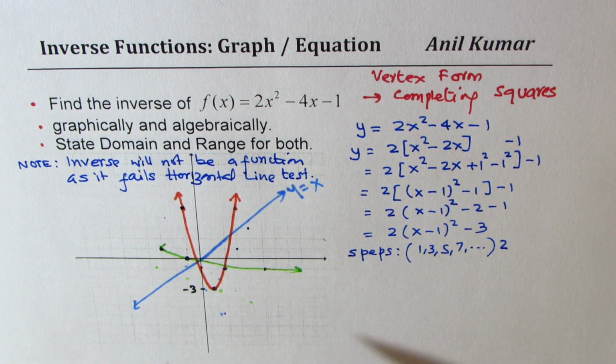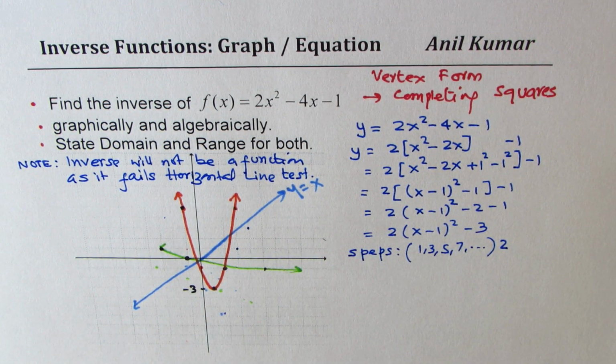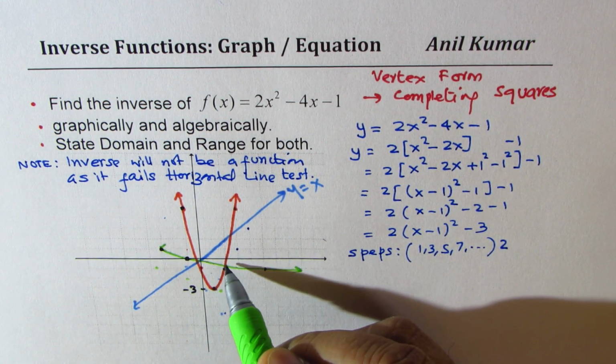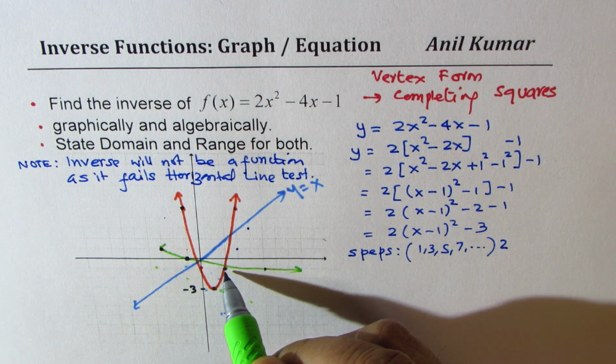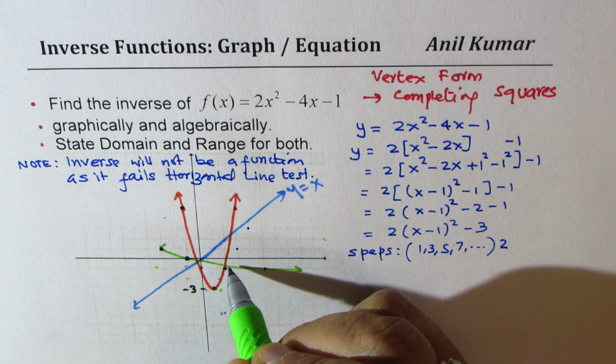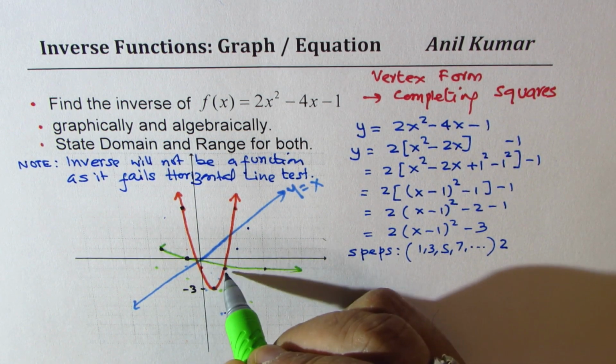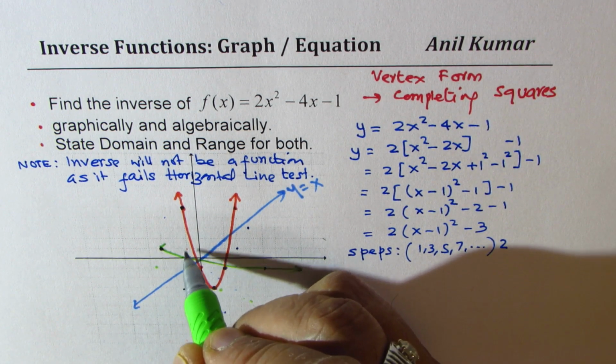Okay. For the other half, we'll follow the right arm of our parabola. So we are basically reflecting each point. Now this point here is 1, minus 2, which will be reflected at, this point is 2, minus 1, so it'll be minus 1, 2, right?